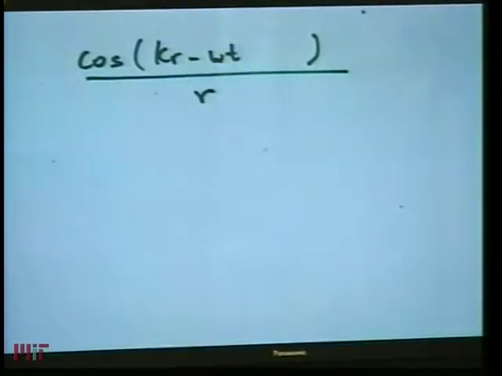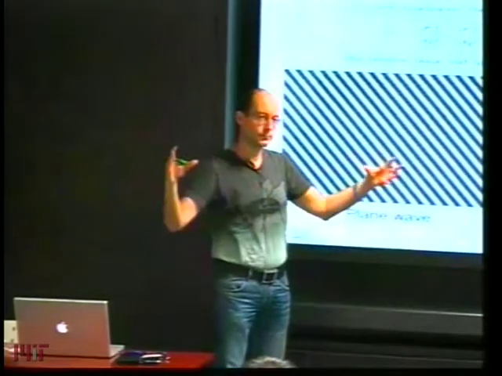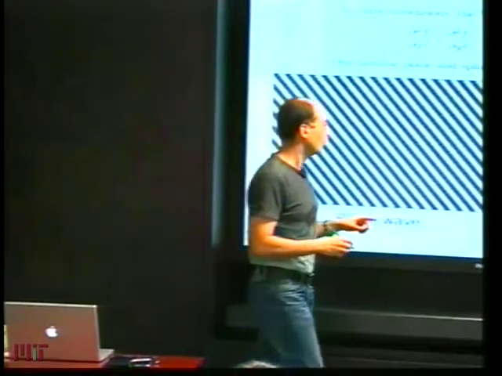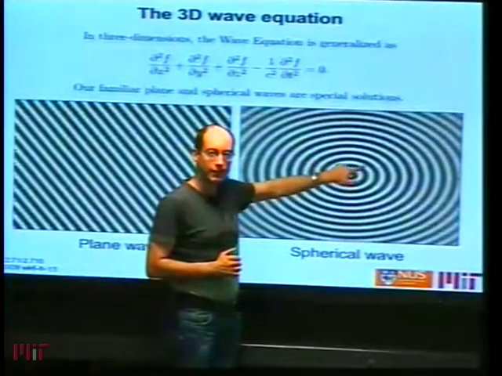The cosine that you see in the numerator, if I go back and play the movie of the spherical wave, okay, I have to wait for the plane wave to finish. Here we go. So the kr minus omega t is this sort of explosion of the wavefronts that you see in the movie. If r is the radius, kr describes a sphere again.